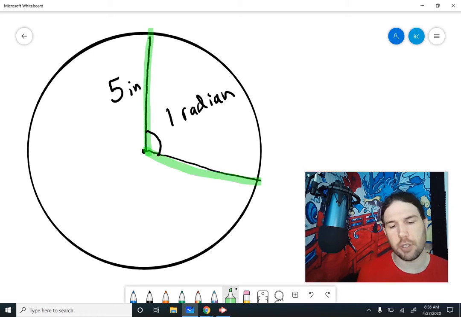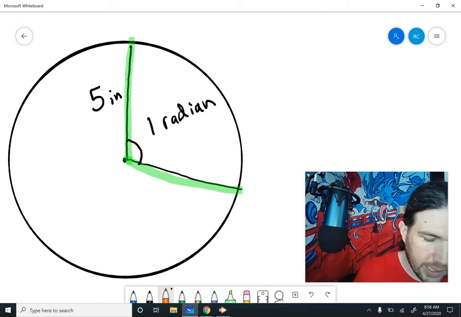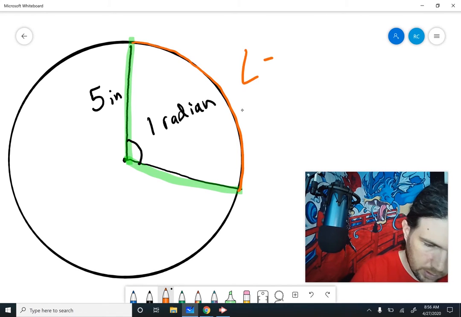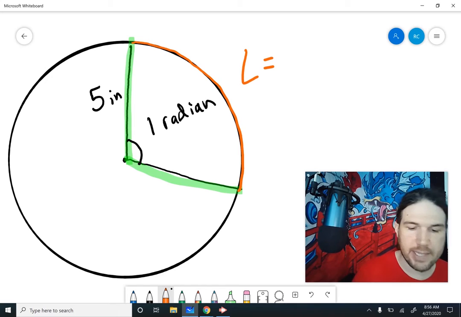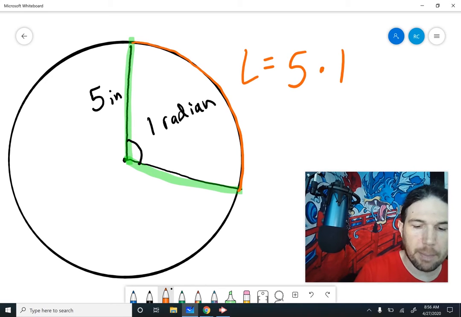So here we've got a circle that has a radius of 5 inches and an angle measure of 1 radian. Okay, so the length of this arc, again, since we're dealing with radians, we just have to take the radius and multiply it by the angle in radians. It's 5 inches.